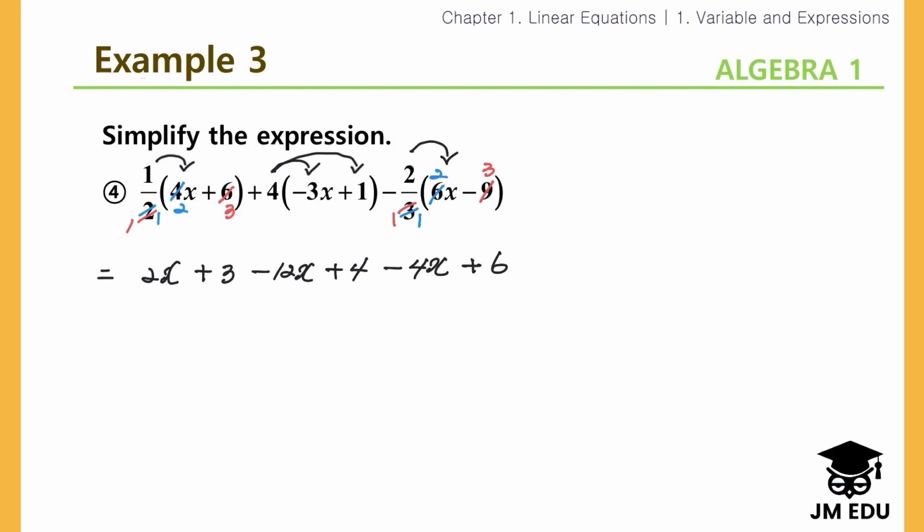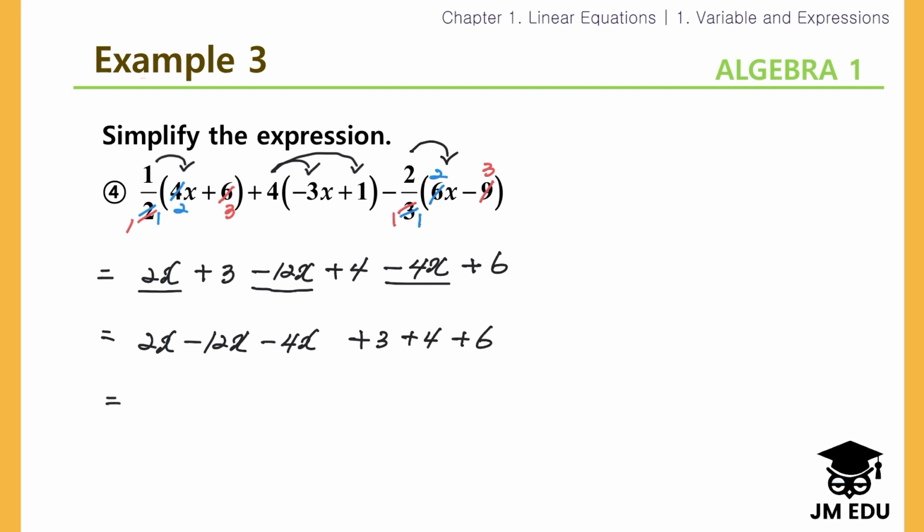Right? So let's collect like terms, x terms and constants separately. So we have 3 x terms: 2x minus 12x minus 4x. Constants: plus 3 plus 4 plus 6.